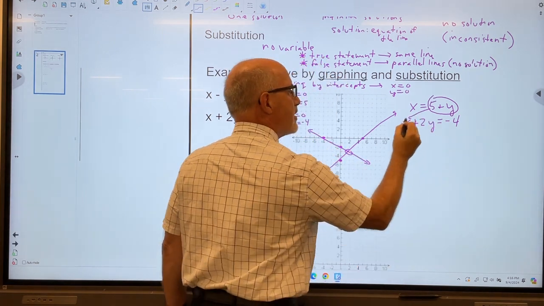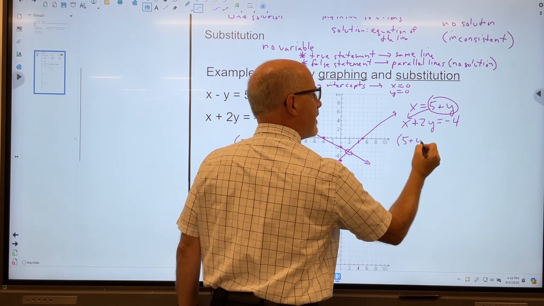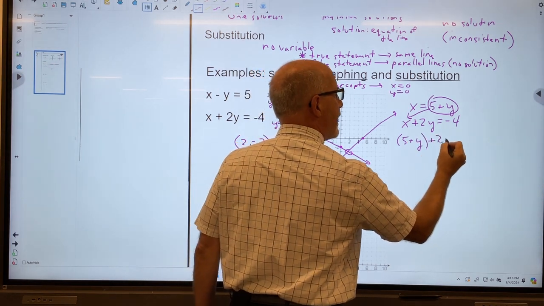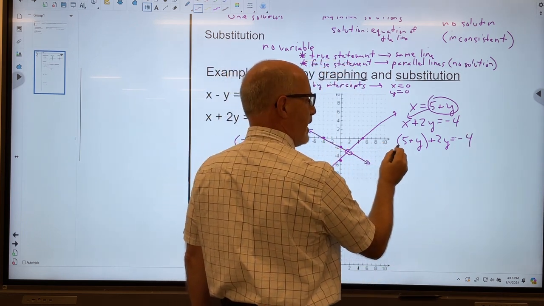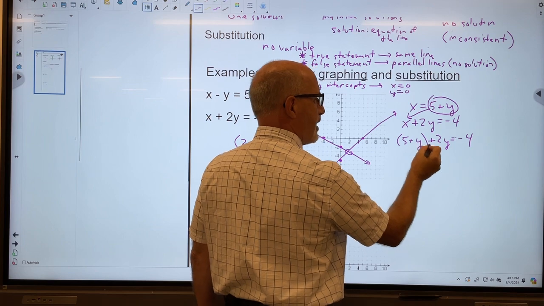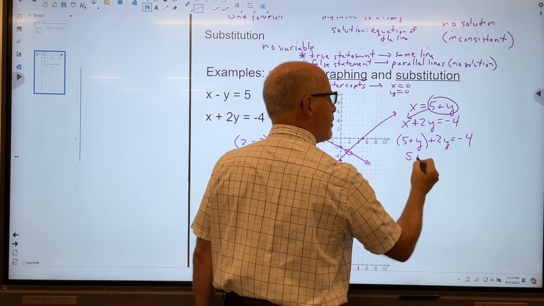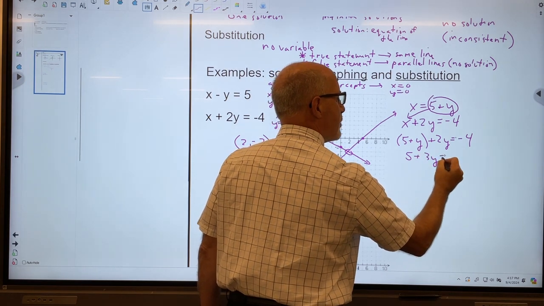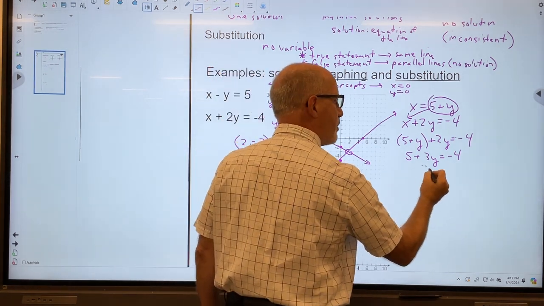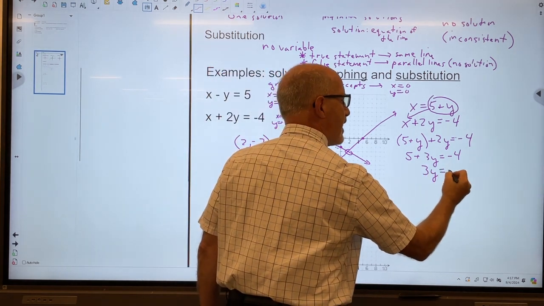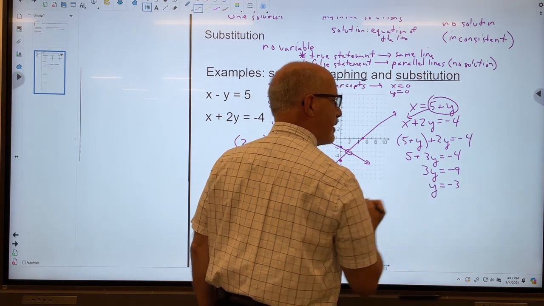That gives 5 plus y plus 2y equals -4. Simplifying, we get 5 plus 3y equals -4. Subtract 5 from both sides and you get 3y equals -9. Divide by 3 and you get y equals -3.